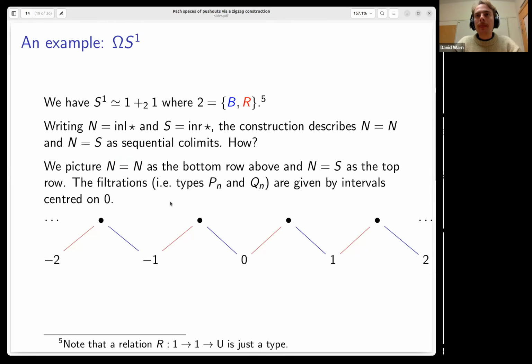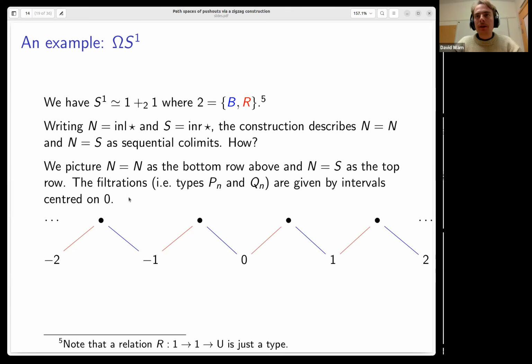And I claim that the filtration of these two types, the types Pn and Qn, are given by intervals centered on 0. First we have P0, which is just the singleton 0, and then Q1 contains these two anonymous points next to it. P2 contains -1, 0, 1, and so on.